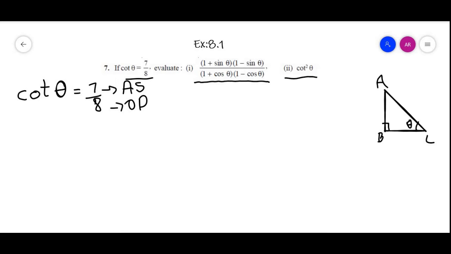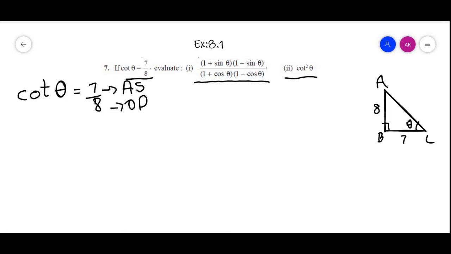The adjacent side is BC, which is 7. And the opposite side to angle C is AB, which is 8. So we have two sides, and then we have to find the side AC. Then we'll be able to use our trigonometric ratios and evaluate the first bit and our second bit.